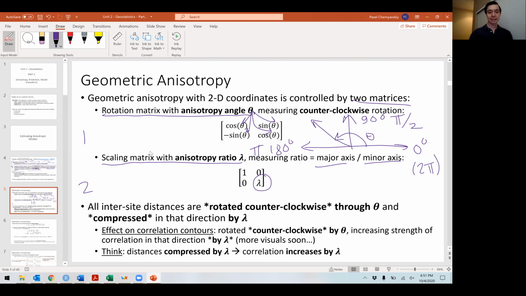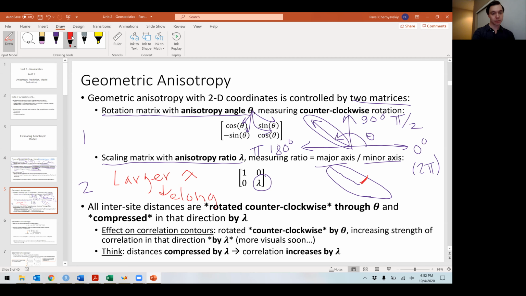If I take this as my angle, then the ratio measures how much bigger the major axis is versus the minor axis. So of course, the larger this number, the larger the lambda, the more elongation we have in the direction of theta.